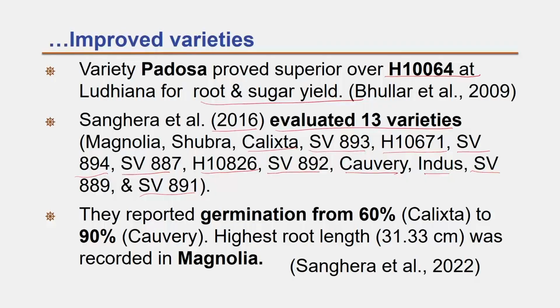So in total, they evaluated 13 varieties and reported germination from 60% in Calixta to 90% in Kaveri, and highest root length 31.33 centimeter was recorded in Magnolia. So under Indian conditions, this Magnolia proved better.